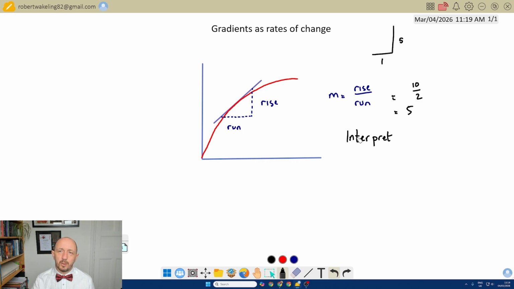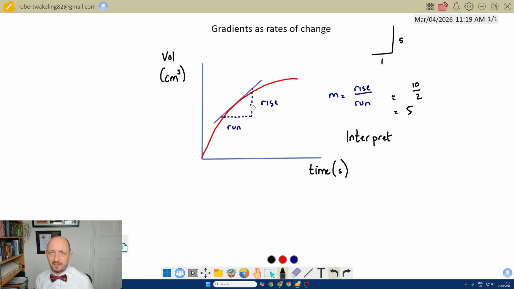Fine, but I still don't see why it's so difficult. Well, when we're interpreting these, we have to include the context of the question. Let's say this was time here, and I'll use a science example because it's exactly the same process. Let's say it's the volume of gas produced, in centimeters cubed, and the time was in seconds.